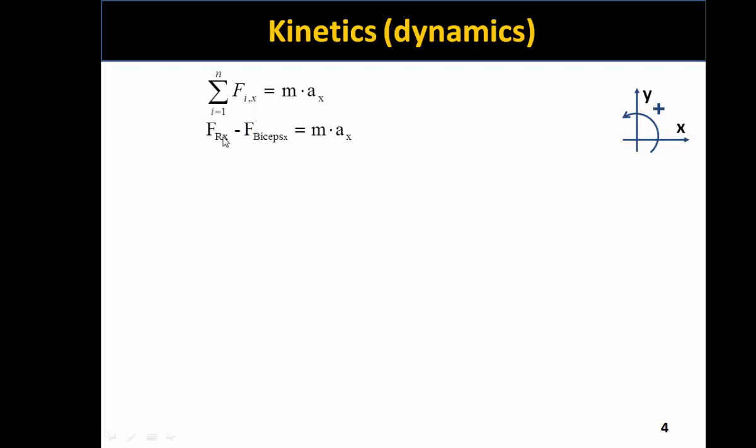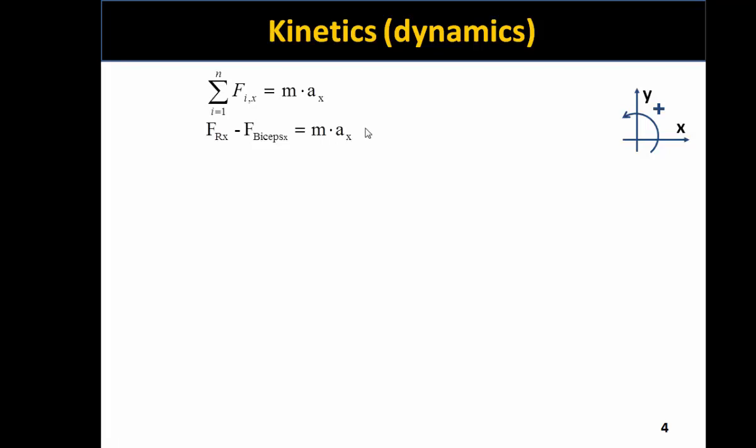So at this point, in the next step, I decided to indicate the direction as well as the labels, and that's going to be equal to mass times ax, because that was the only x-directed variable in the kinetic diagram.